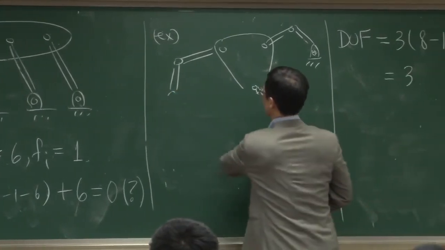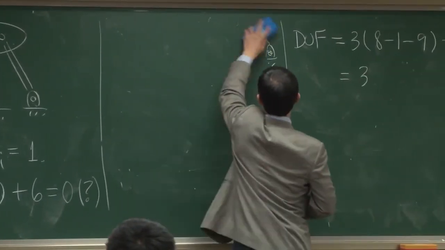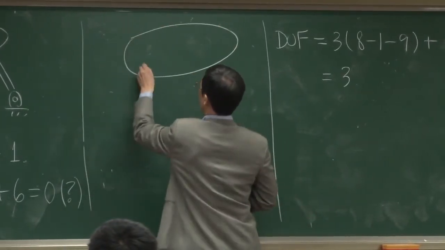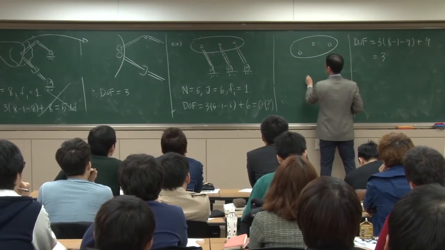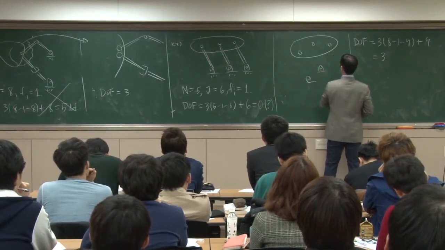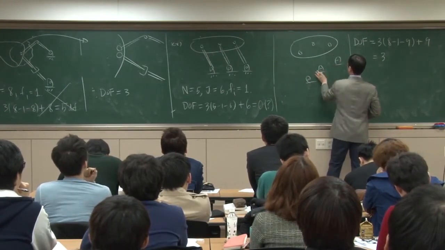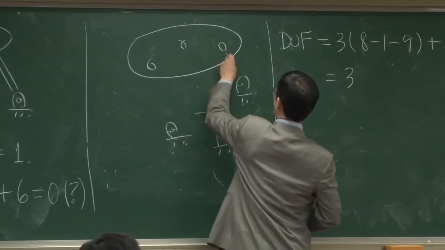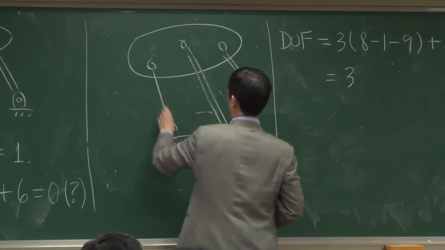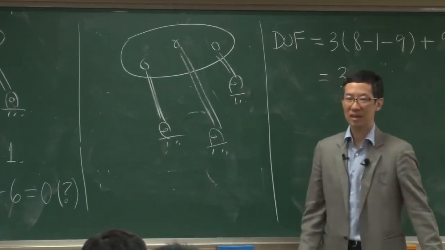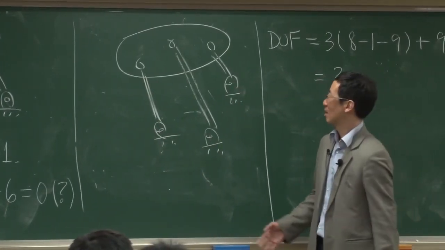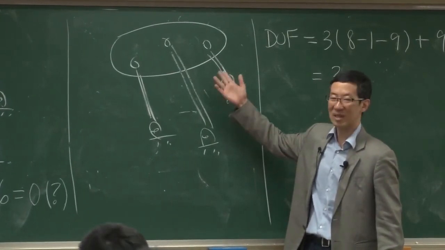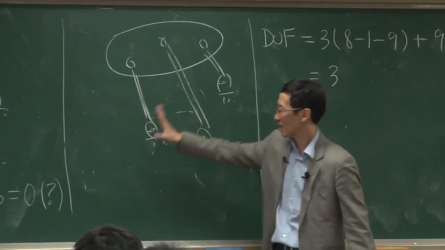All right, well, what if I drew this instead? And I asked you, does this move? And you would say, of course this doesn't move. So this is in fact correct.